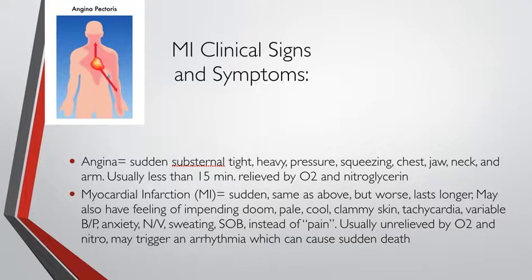And a lot of times people will have warning symptoms weeks, days, hours in advance, but they're vague and people don't know what to attribute them to. And just keep in mind that all of this ties back to a decreased blood flow to the cardiac muscle.